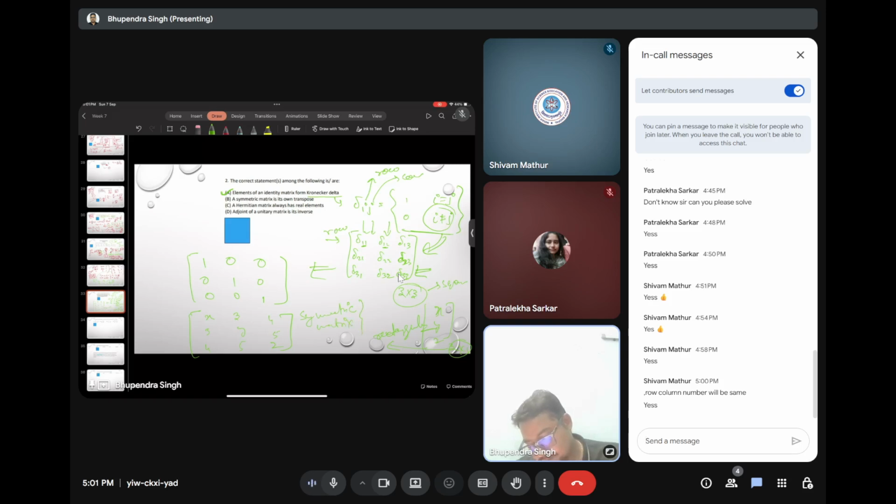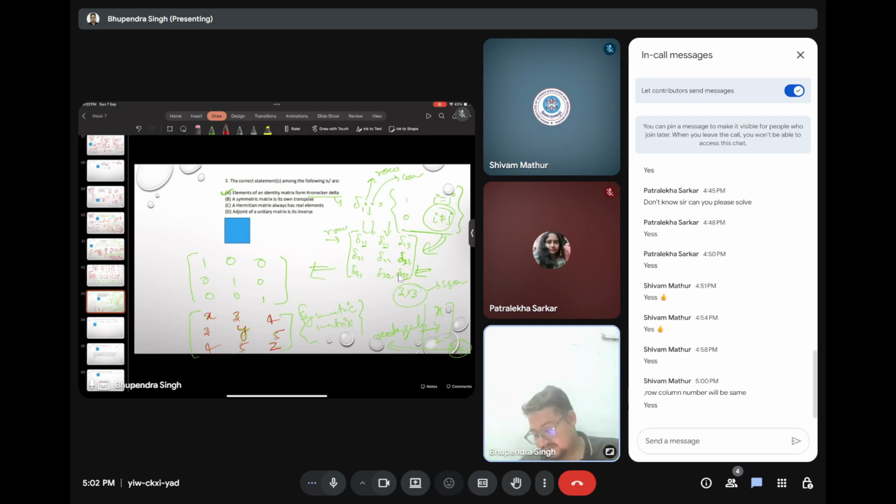So you need to know these definitions, otherwise it will take a lot of time. These are the diagonal elements, x, y, z, and 3, 3, 4, 4, 5, 5 off the diagonal. This is our symmetric matrix.